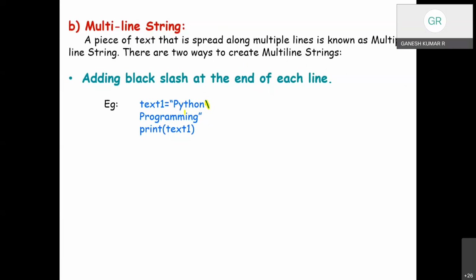Since it is a string enclosed in between quotes, if we like to continue in the next line, line 2, line 3, line 4, all we need is to add a backslash at the end of the line and continue. This backslash will recognize the successive line and append it to the previous line, so the text will be considered as a single string.